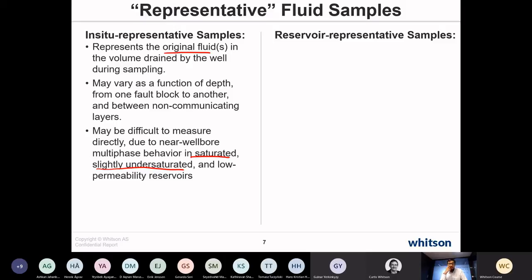So in those cases, it's not possible to get in situ representative samples, and the only samples that you collect are reservoir representative samples.